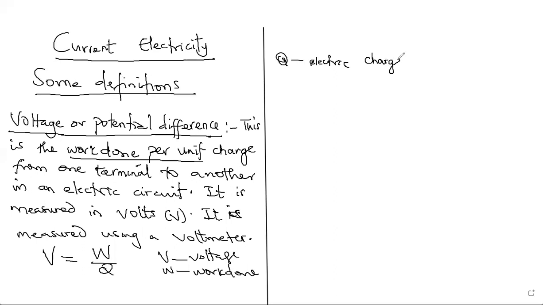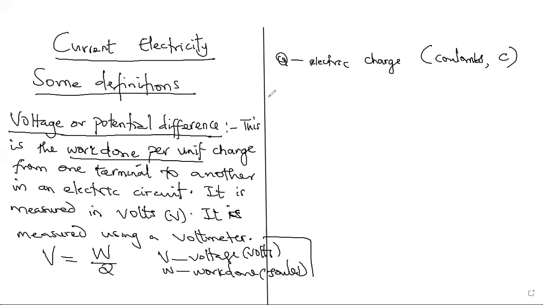Electric charge is in coulombs, written as capital letter C. Voltage is in volts, and work W is in joules. So the unit of voltage V is volts. Okay, so that's one definition.